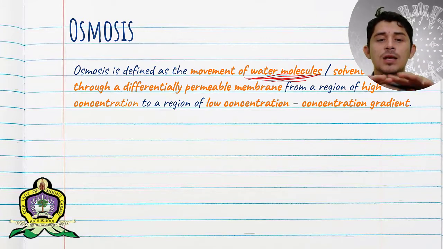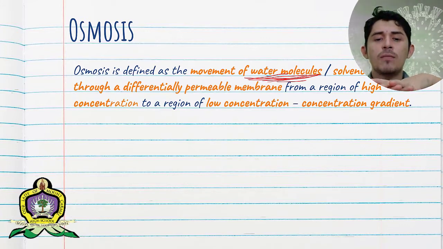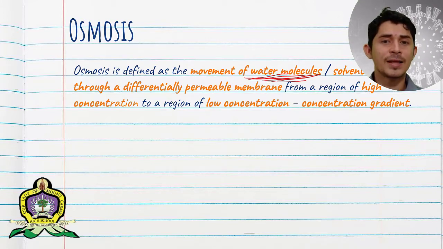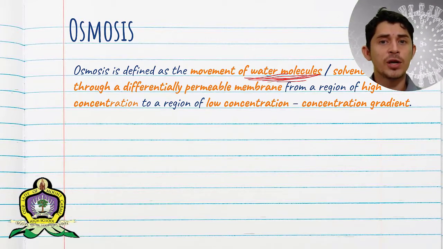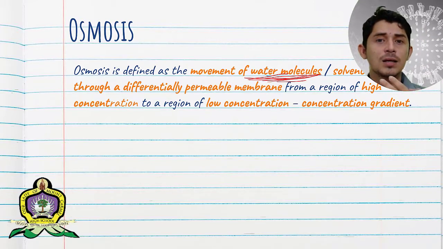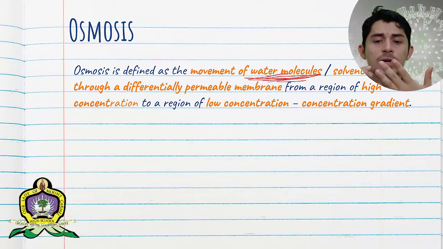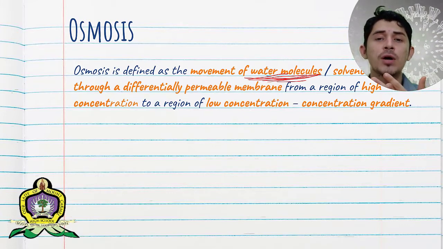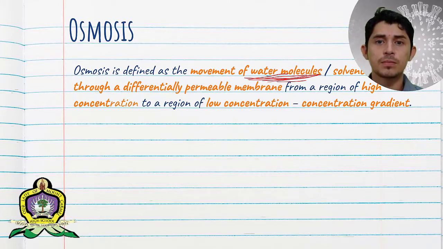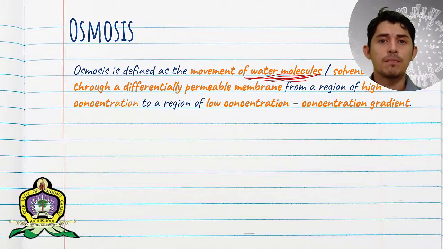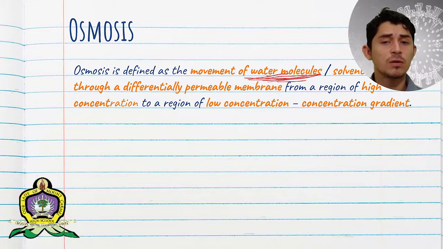This means that it provides some way of filtering the substance. So if you think like that, a differentially permeable membrane is like a little cloth with little holes that allow water particles to move through it. Okay, but water does not only move randomly.